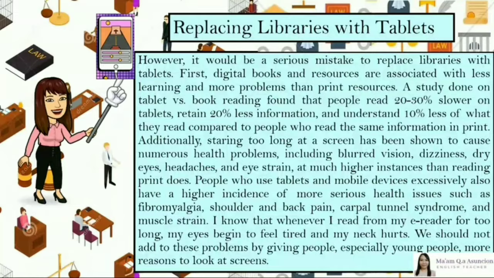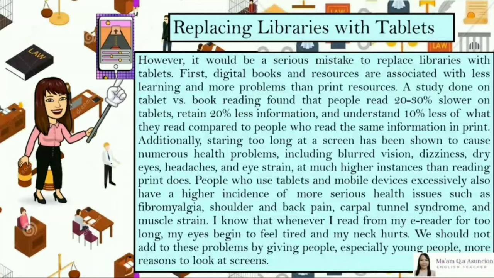Additionally, staring too long at a screen has been shown to cause numerous health problems, including blurred vision, dizziness, dry eyes, headaches, and eye strain at much higher instances than reading print does. People who use tablets and mobile devices excessively also have a higher incidence of more serious health issues such as fibromyalgia, shoulder and back pain, carpal tunnel syndrome, and muscle strain.